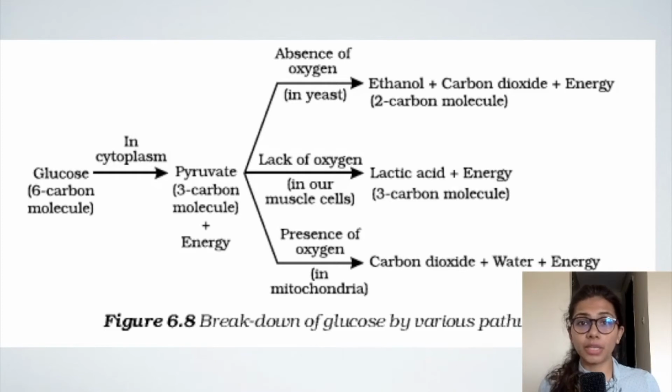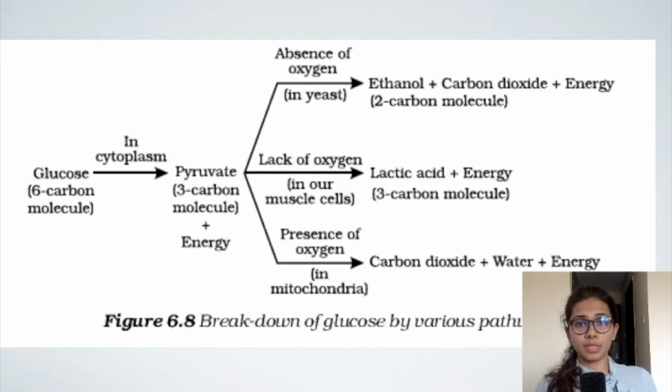The region between the cell wall or cell membrane and the nucleus inside a cell is known as cytoplasm, right? In the cytoplasm, glucose gets broken down into pyruvate. Glucose is a 6-carbon molecule and pyruvate is a 3-carbon molecule, right? So clearly glucose is being broken down into a smaller unit, and some energy is released.